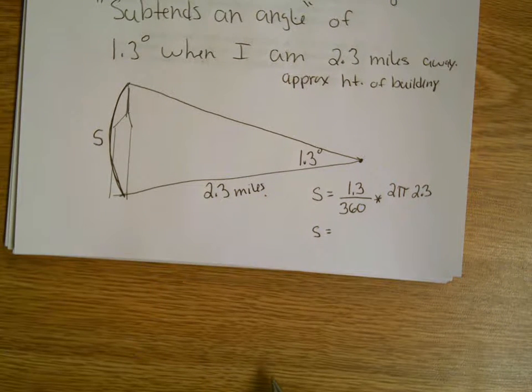Realize what units you're going to be finding here. What are we going to be finding the height of the building in? Miles. We're going to say how tall it is in miles. Not a good unit, but we're going to go with it. How tall is it in miles?